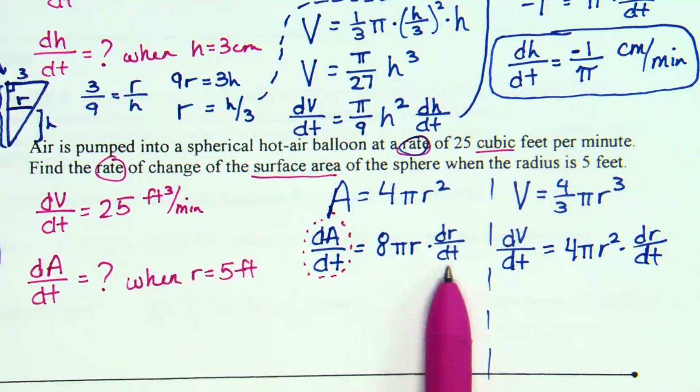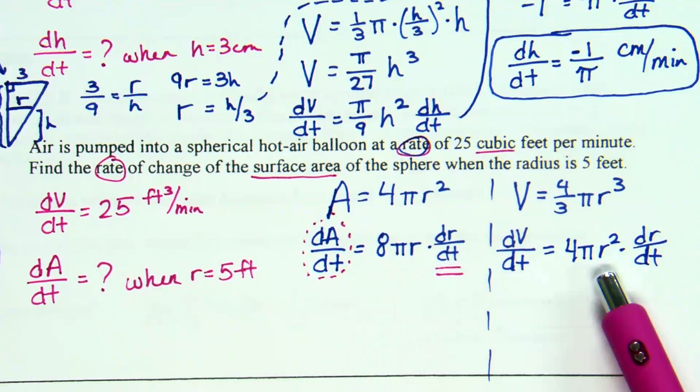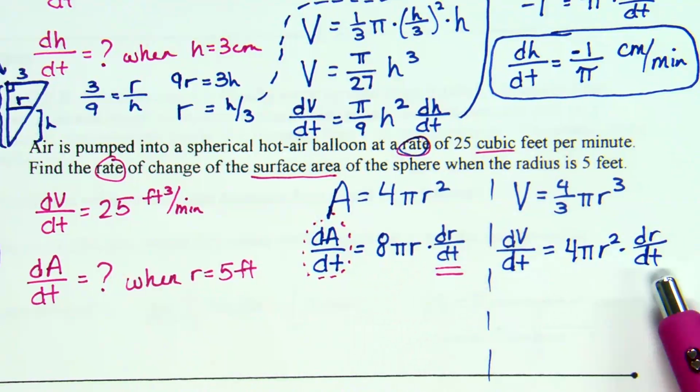That's our problem right now. But guess what? We have this other formula. In this other formula, dV/dt, which we know, yes. r, we know r at the time. And then what would that allow us to find? dr/dt. Do you see where I'm going with this?